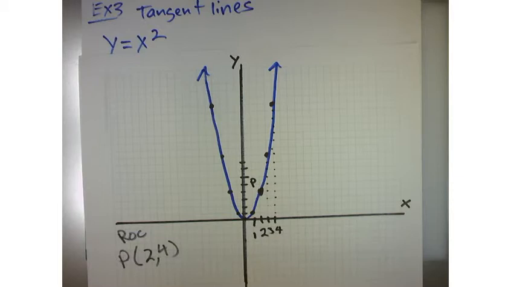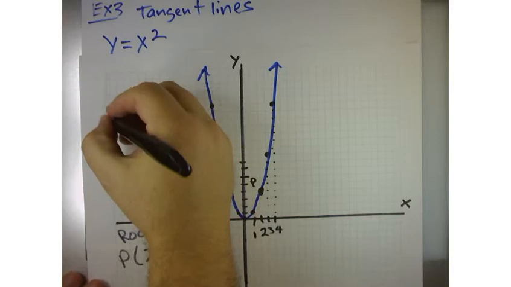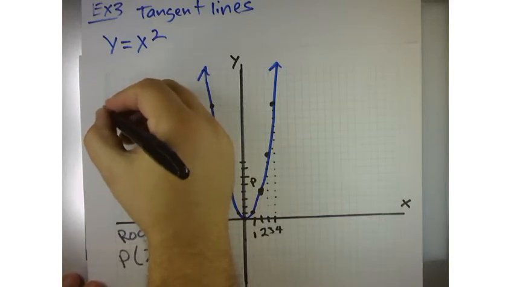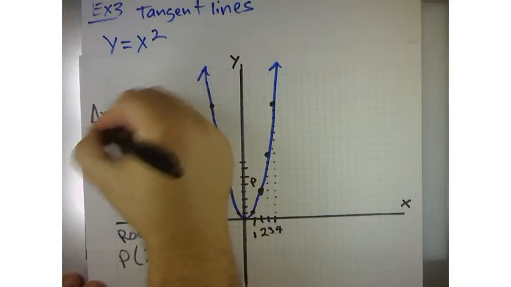And so we've done this in the past by taking the limit, by adding h to it. Remember that the rate of change is going to be delta y over delta x.